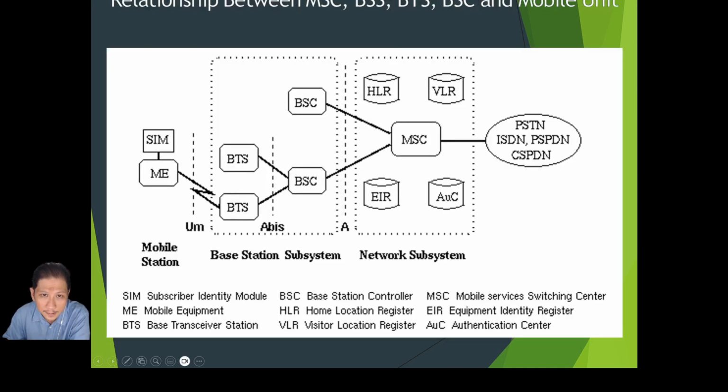Okay, this one is the relationship between MSC, BSS, BTS, BSC and the mobile unit. Okay, we have SIM, subscriber identification module, and ME, mobile equipment. Okay, we place it in our smartphone, and if we plug it in, it will activate the line.